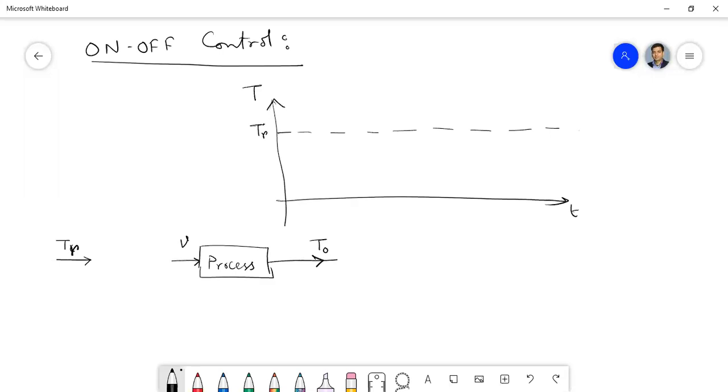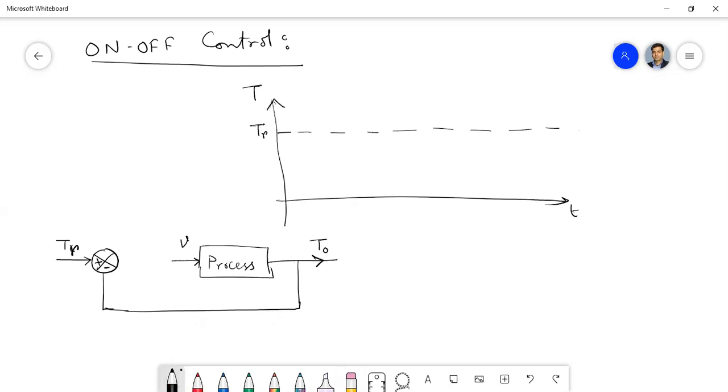Now, what I have to do to ensure whether I am increasing the temperature, because initially T0 is very low. To ensure that, I have to sense the output and I have to check whether it has reached the TR or not.